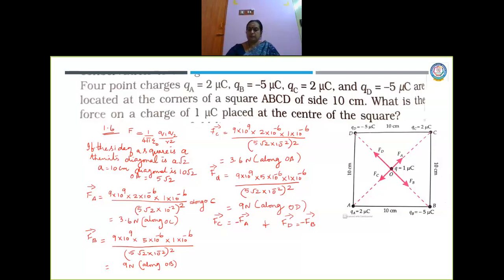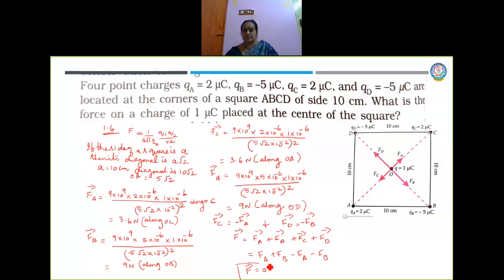So the total force that is acting at O is the sum of all this, FA plus FB plus FC plus FD. So when I substitute all the values, what will be the answer now? I have FA plus FB. I can substitute for FC as minus FA and FD as minus FB. So the net force will be equal to 0. So this is the answer.